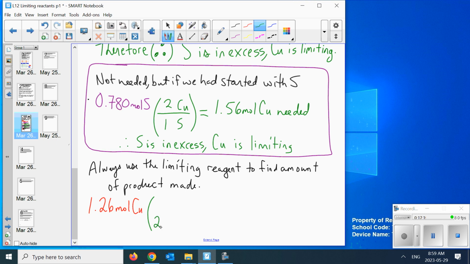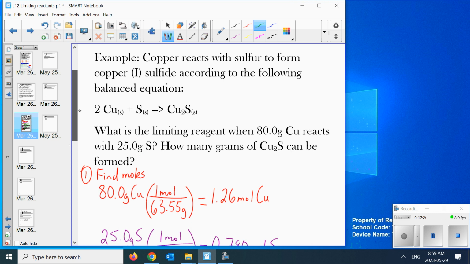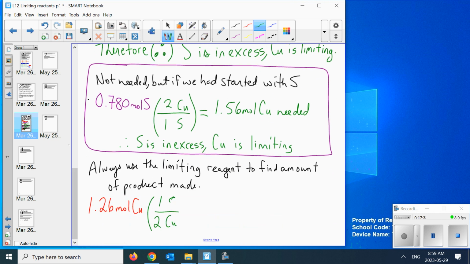You're going to have 2 coppers, 1 sulfide. Oh, just a second. Which one did we want? Sorry. Oh, yeah, the copper. It's 1 copper(I) sulfide to 2 copper. It's kind of messy there, but anyway.